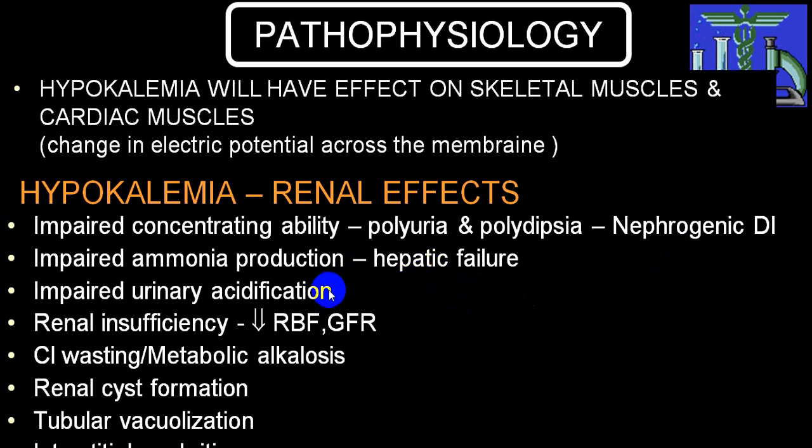Impaired urinary acidification, and renal insufficiency will reduce GFR, and reduced renal blood flow can be there, which will then produce chloride wasting, metabolic alkalosis, renal cyst formation, tubular vacuolization, interstitial nephritis, etc. These can be seen in a person with hypokalemia.